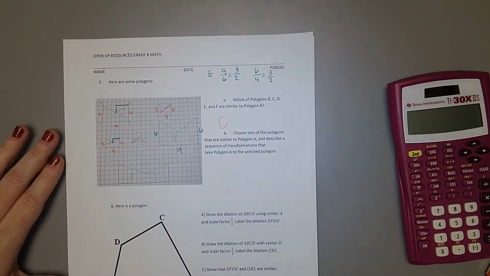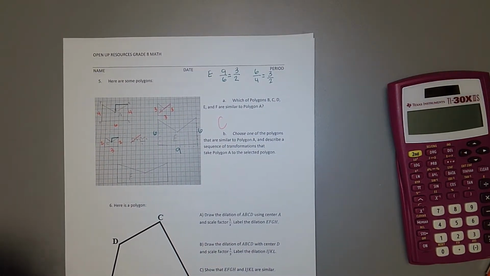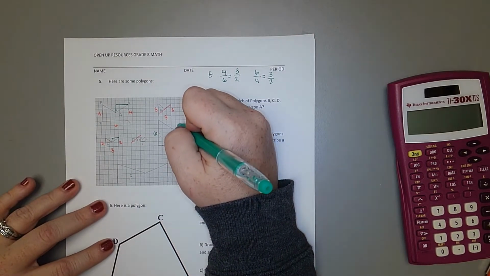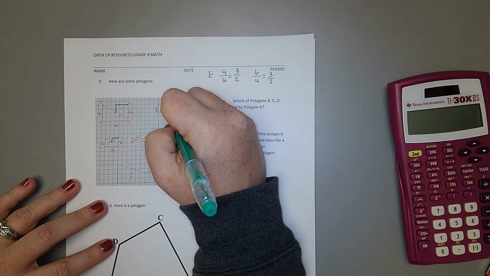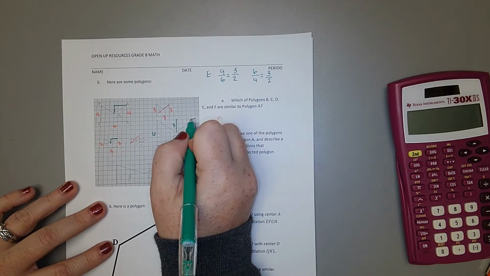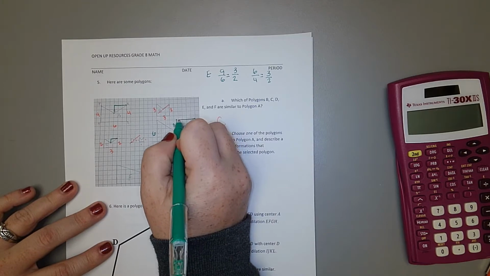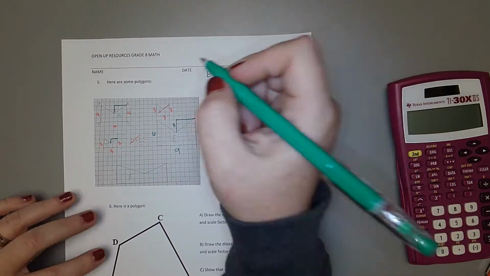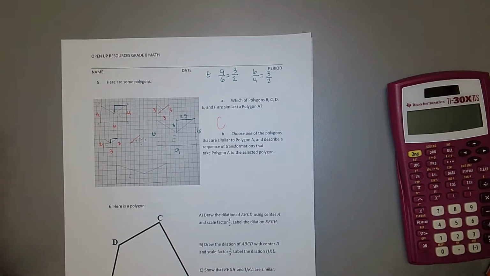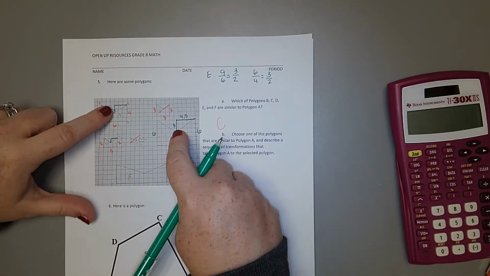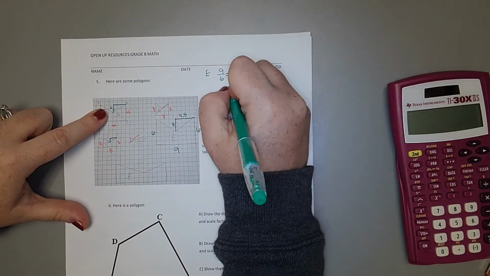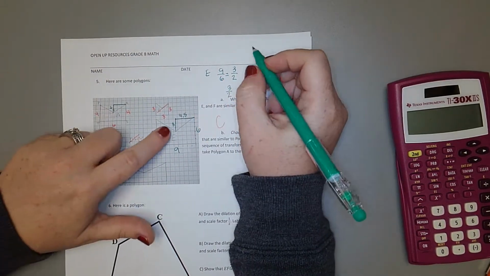Now we have to figure out, is our slope the same? So this is 1, 2, 3. And this is 1, 2, 3, 4.5. So 3, and this was 2 for that side length.